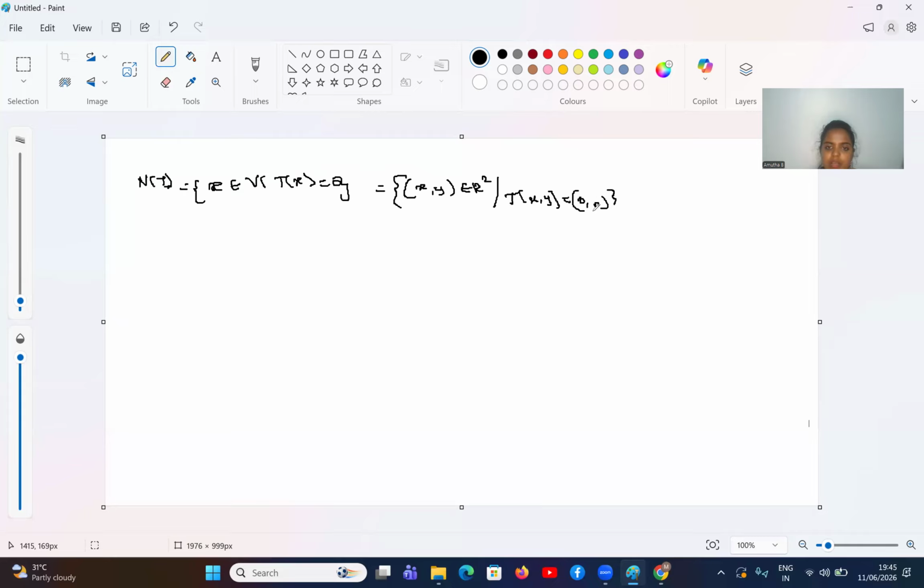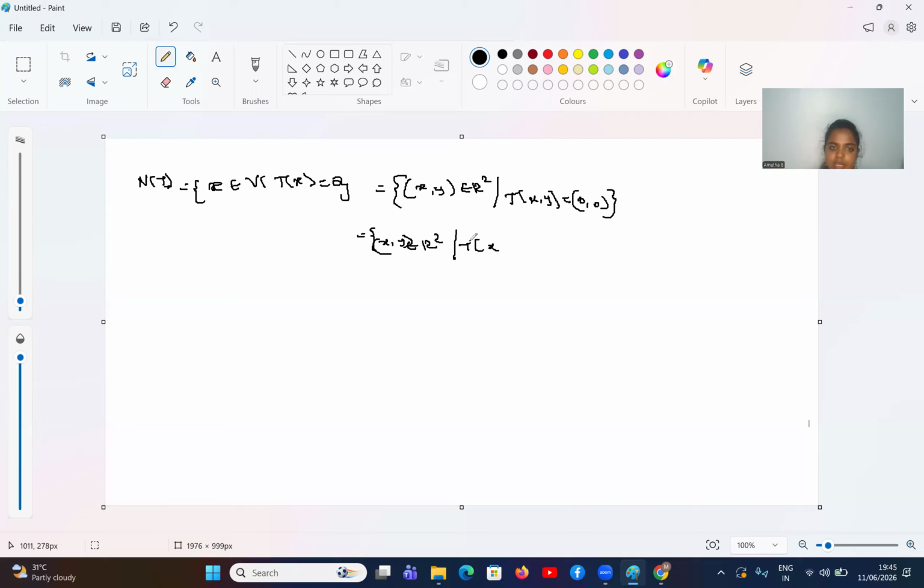This is the definition from our map. Now we are going to find the X and Y which are satisfying this condition.